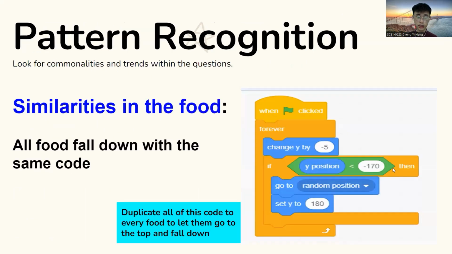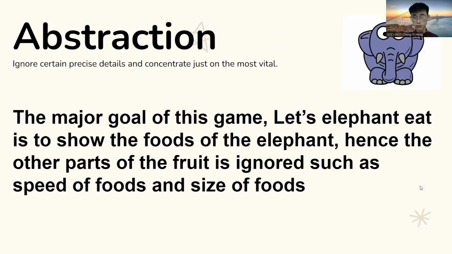Pattern recognition. The definition is to look for commonality and trends within the problems. The similarity in the fruits is that all fruits fall down with the same code. Like this, we can duplicate all of these codes to every fruit to let them go to the top and fall down.